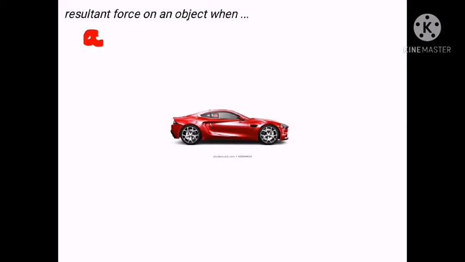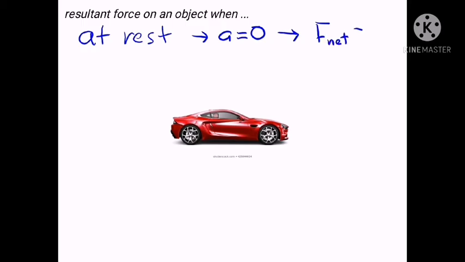When the car is at rest, meaning my acceleration is 0. Since my acceleration is 0, my resultant force, which I'm going to write as F net, is also 0.